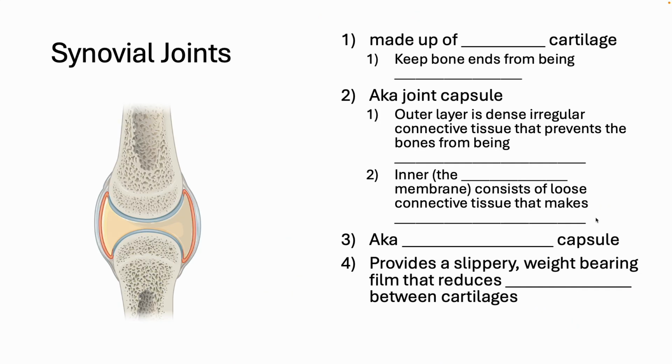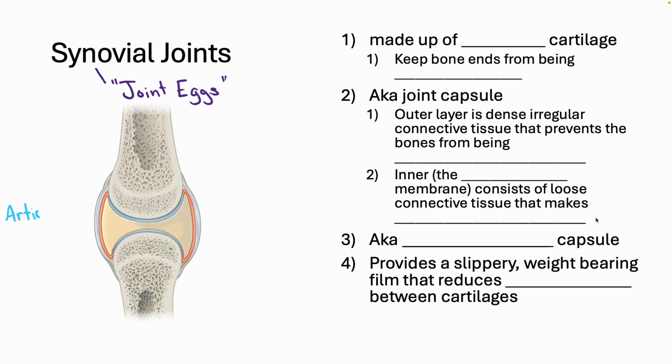Structurally, the synovial joints are going to be more complex than the other ones as well. So the term synovial means joint egg. I guess it kind of looks like an egg, or it's kind of like an egg that it has yolk, and so it has a name that's associated with it.